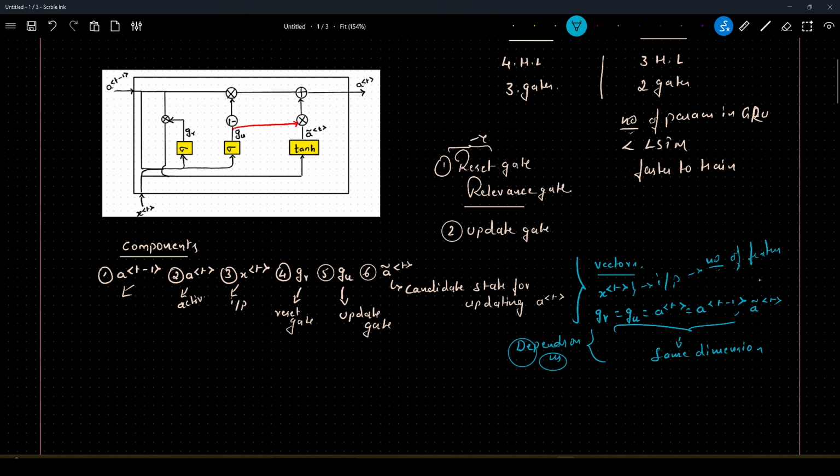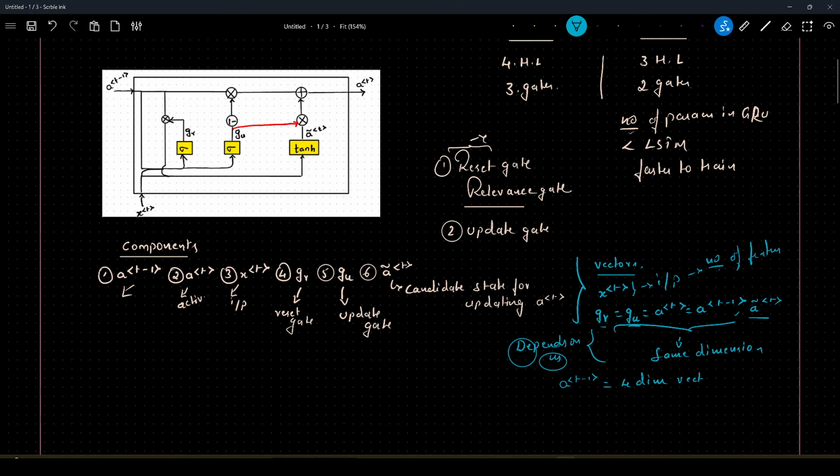Let's say at minus 1 is a 4-dimensional vector. So gr, gu, at, a bar t all will be 4-dimensional. Just remember that. Now we have seen the main components, the outputs and inputs that we want.